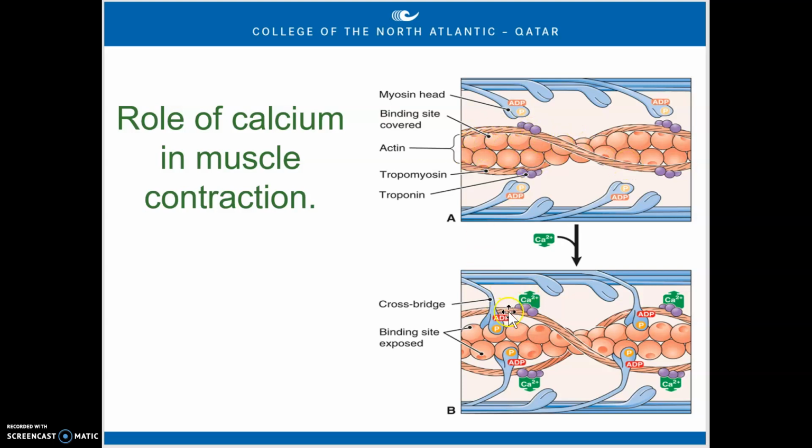When calcium is present, you can see down in the bottom picture here, the tropomyosin and troponin move out of the way, and then these binding sites for the myosin heads are exposed. That way the myosin heads can bind onto the actin, and we can get that movement backwards, and we can get that contraction.